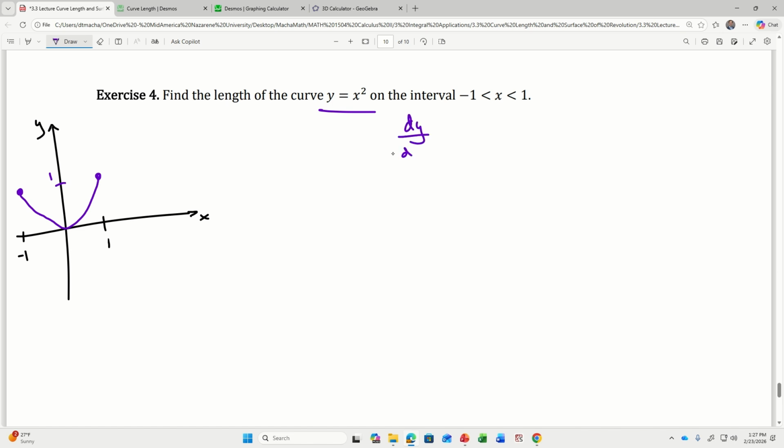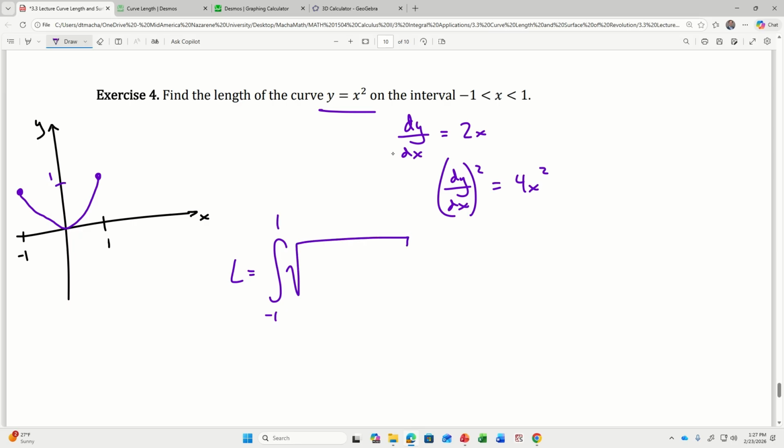Well, dy dx is 2x. So if I wanted to square this, that would be 4x squared. And if I want to apply my length formula, this is going to be the square root of dy dx squared plus 1. So in other words, the square root of 4x squared plus 1 dx.